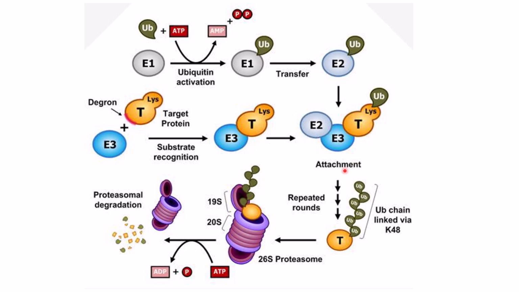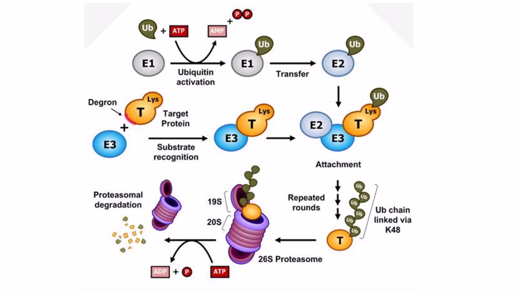And upon repetition of this step, a chain of ubiquitin molecules will be added to the target protein, which will be recognized and directed to the 26S proteasome for degradation into smaller peptides and amino acids which will be recycled by the cell, and this is an ATP dependent process. So this is what is happening in the ubiquitin proteasome ATP dependent degradation of protein pathway.